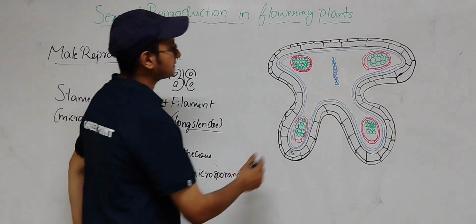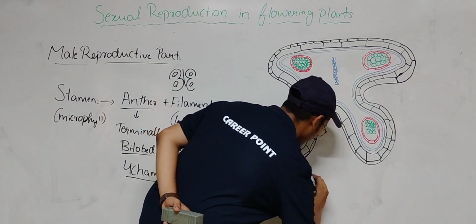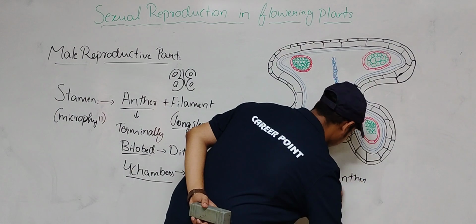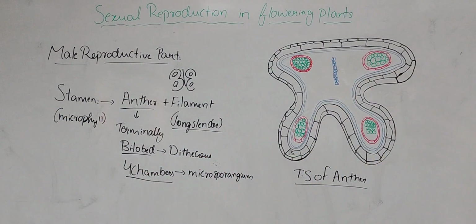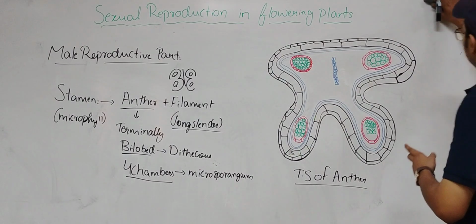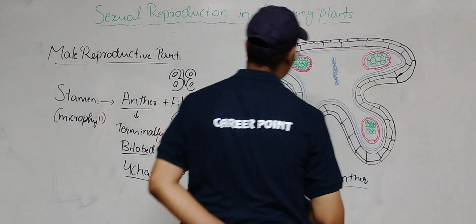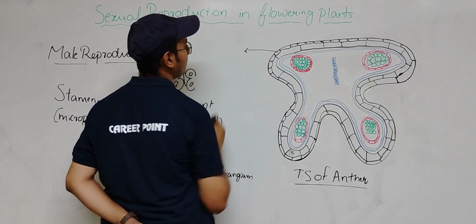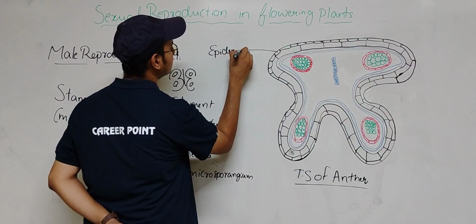So, coming to the layers. This is the tiers of anther. So, the outermost layer is known as epidermis.